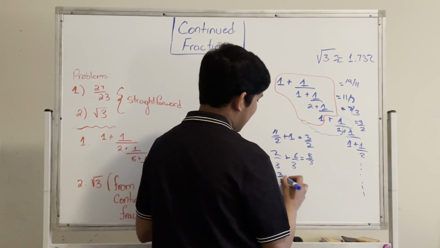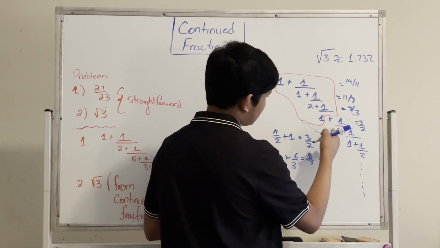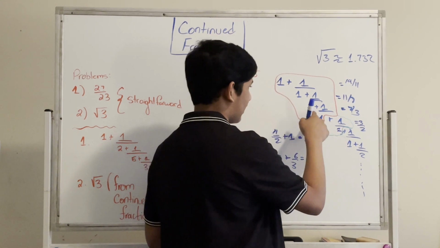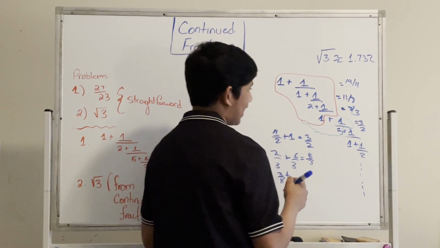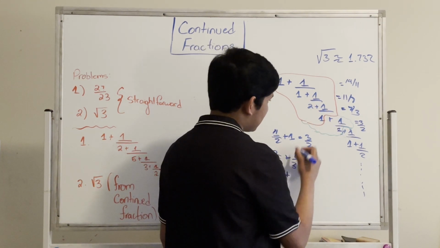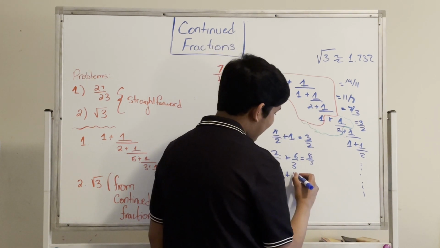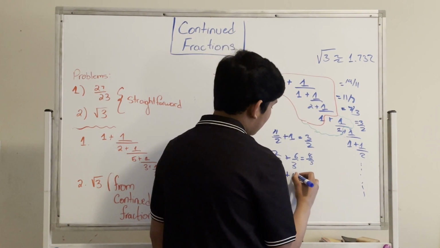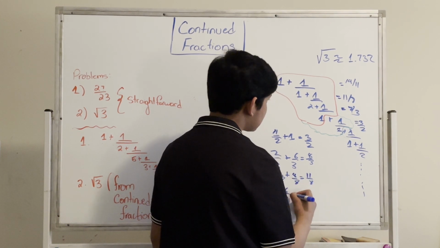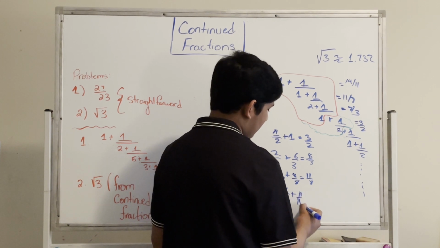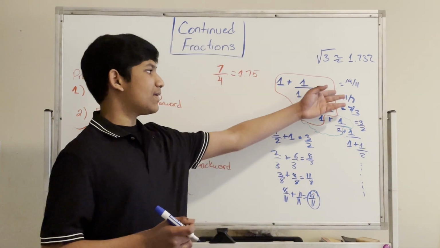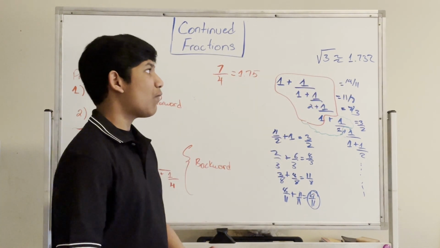Taking the reciprocal, we get 3 eighths plus 8 eighths, since we have to add that to 2. This gives us 11 eighths. Taking the reciprocal, we get 8 elevenths, and we have to add that to 11 elevenths, and this gives us 19 over 11, which is so far the approximation for the square root of 3.